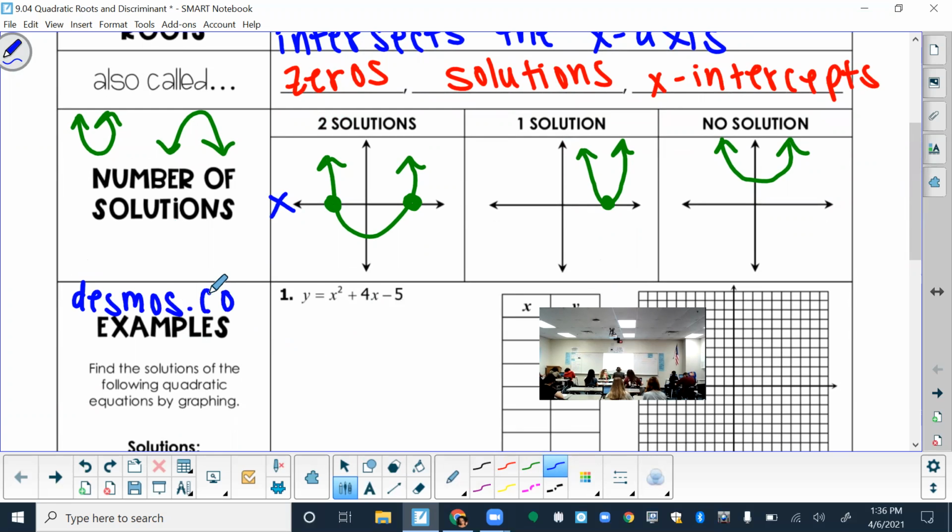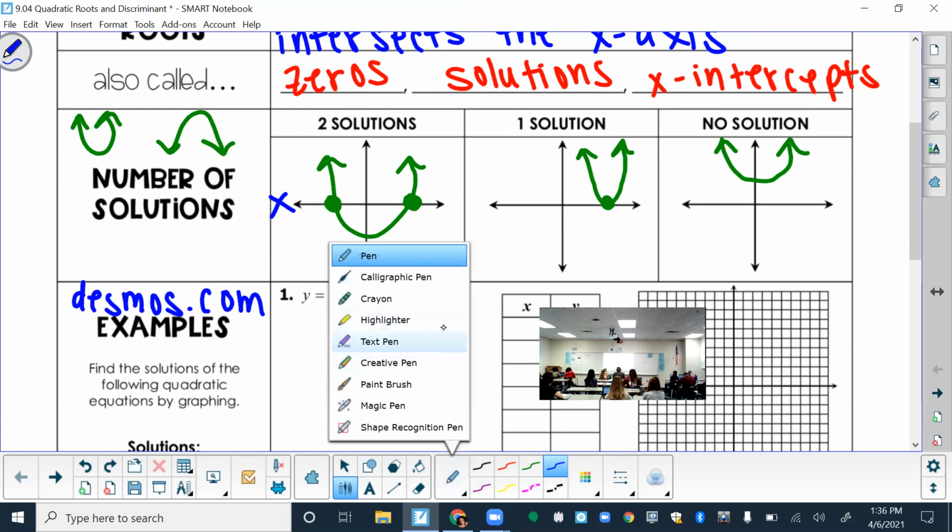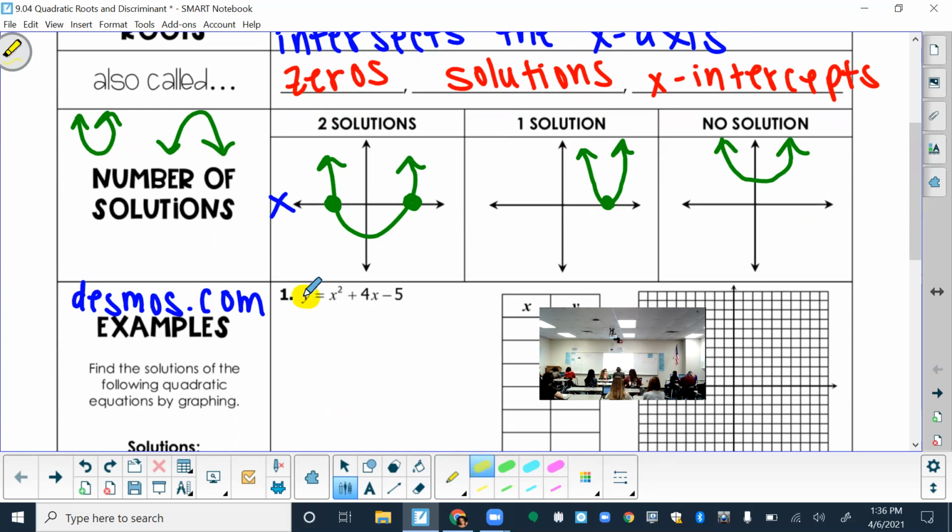All right, so if you haven't already, have Desmos out, because it'll make your life a lot easier for the graphing portion of this. Because if I use Desmos, what do I have to do to graph this? You just type it in the little box, right? Exactly how it looks.